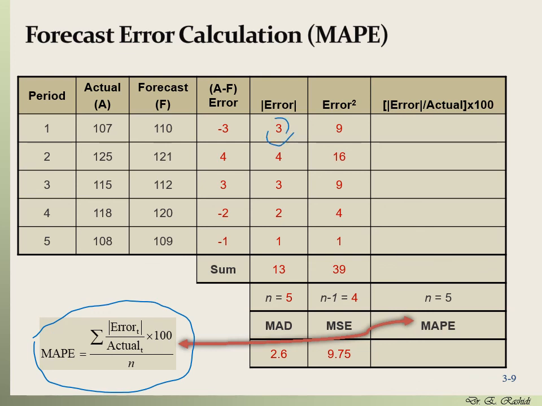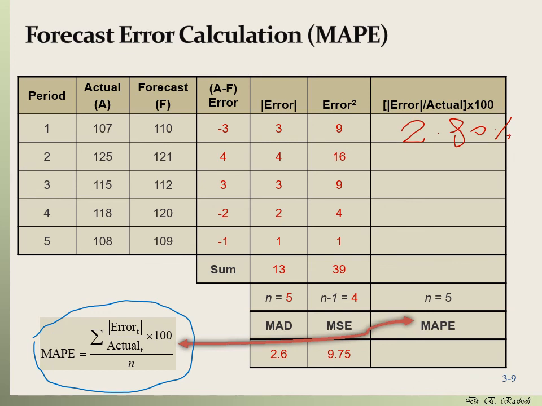You already have it here. Then divide by the actual, which is 107. So that would be 3 divided by 107, and then find the percentage of it, which is 2.80%. That's the absolute percentage error for the first period.